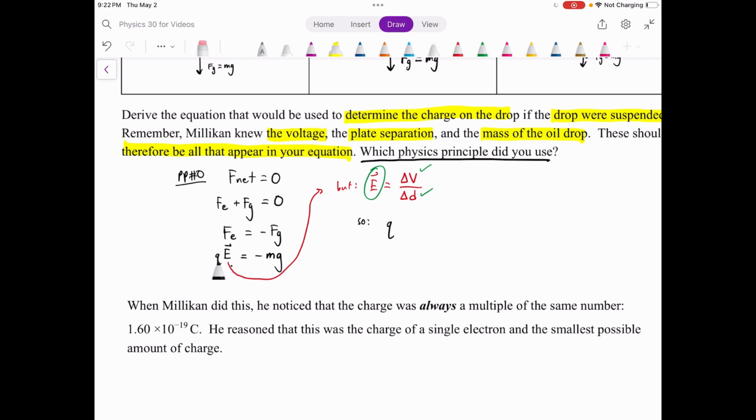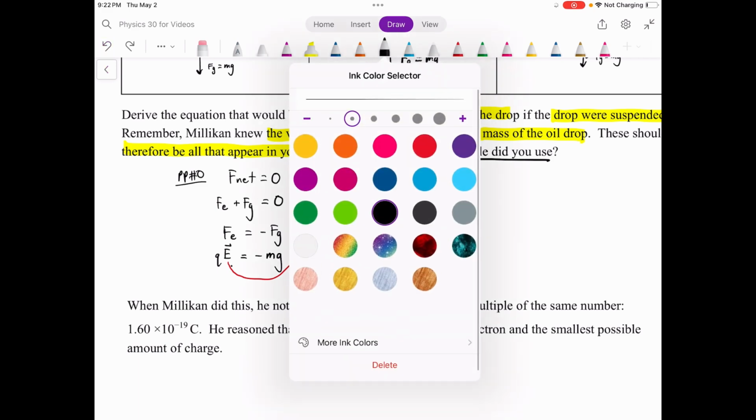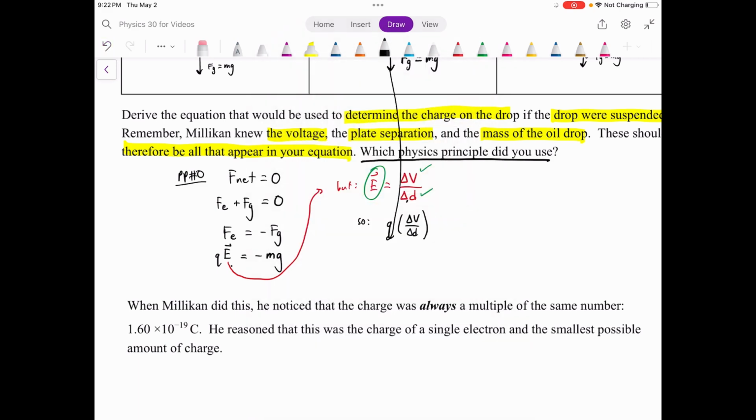So that means this could become Q times the electric field strength, yes, but the electric field strength is just the voltage over the separation distance. So voltage over distance, right? Q times the electric field strength, right?